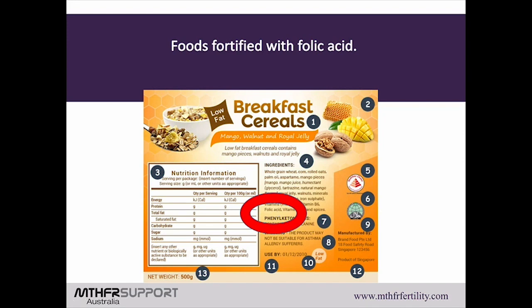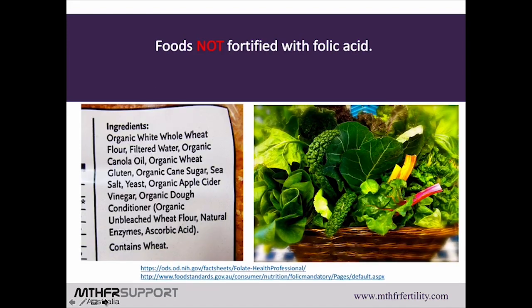And if it's in there, they have to, by law, say that it is in there. But they will say folate, even though it is folic acid. If it says folate, rest assured that it is only folic acid, because from a supplemental point of view, we cannot put in folinic or methylfolate because they're just so unstable and would not last in a packaged good.